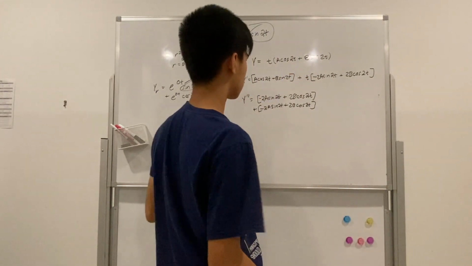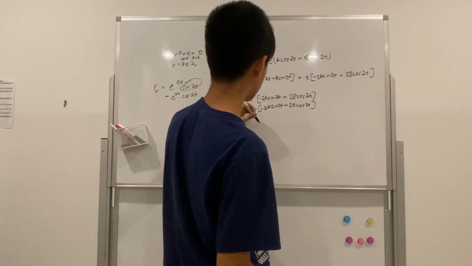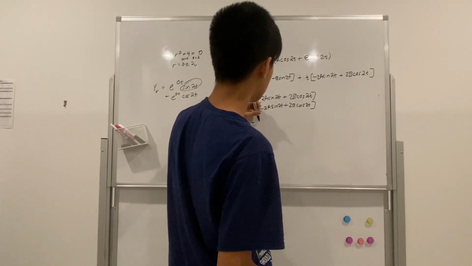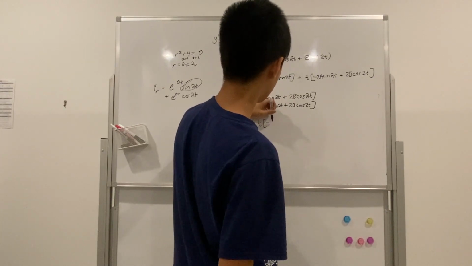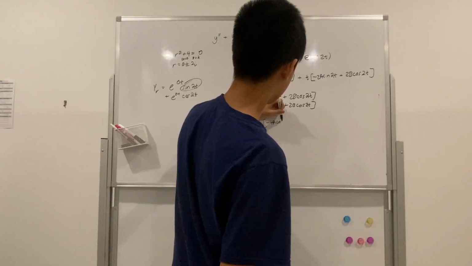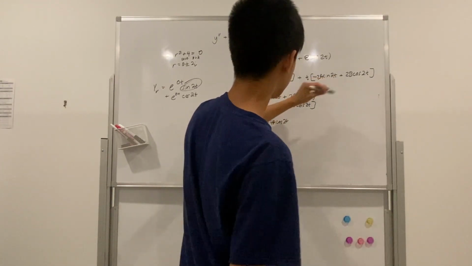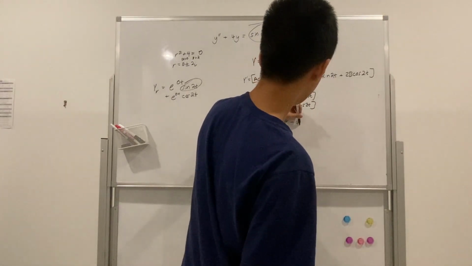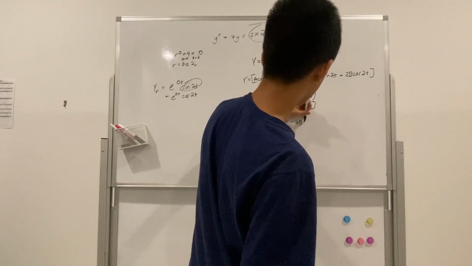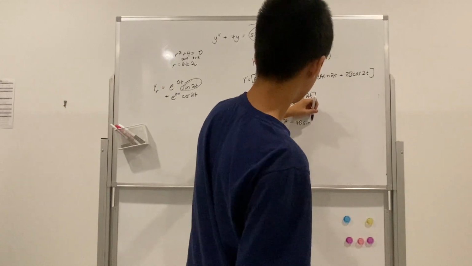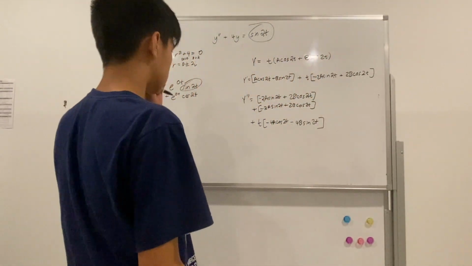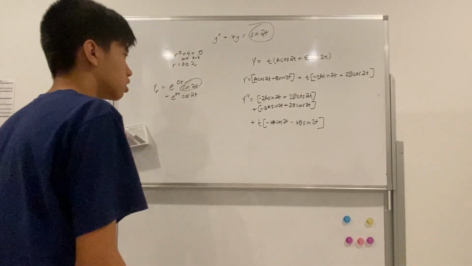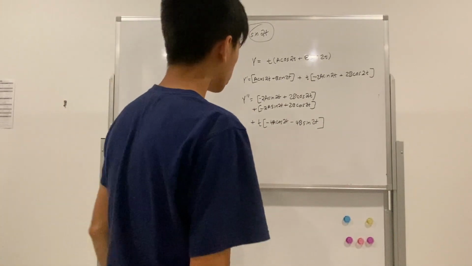And then find that derivative, so that's plus t times negative 4a cosine 2t minus 4b sine of 2t. Well, that's one mouthful.